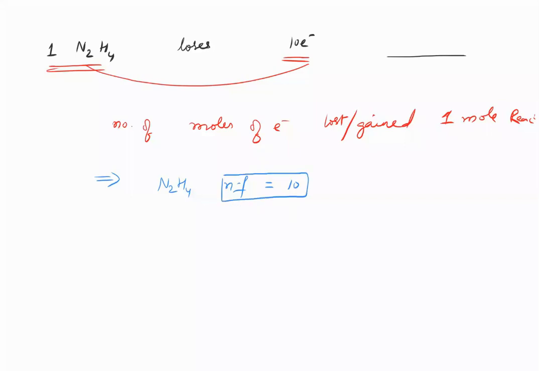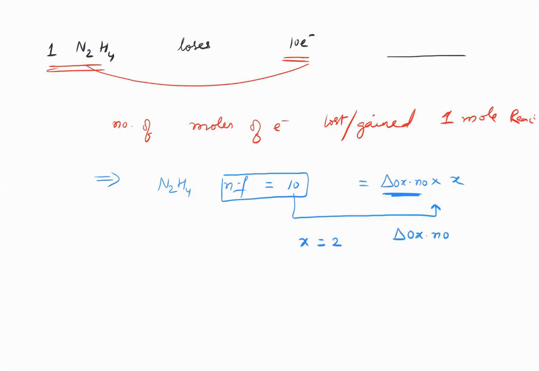This is from the definition, but I also have a shortcut. The shortcut is change of oxidation number into atomicity. So I'm going to equate both of these and find out the change of oxidation number. So 10 is equal to this formula. The atomicity is 2.